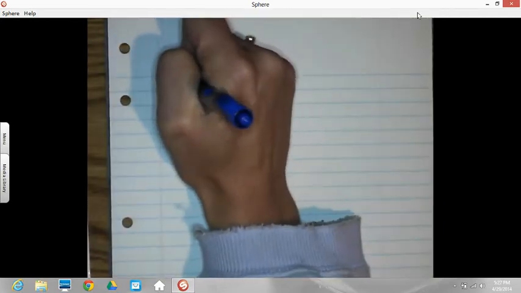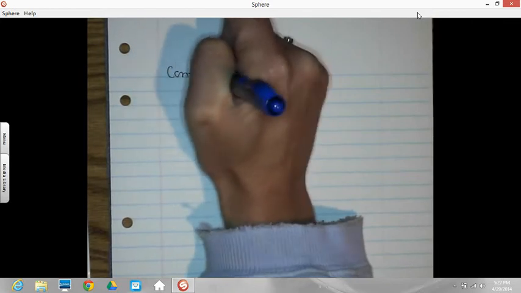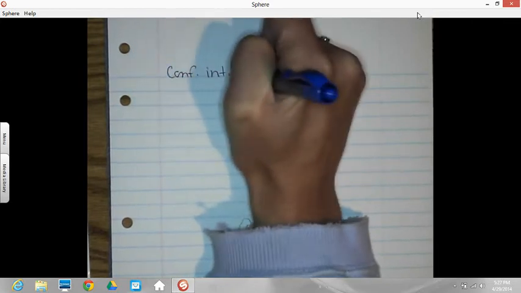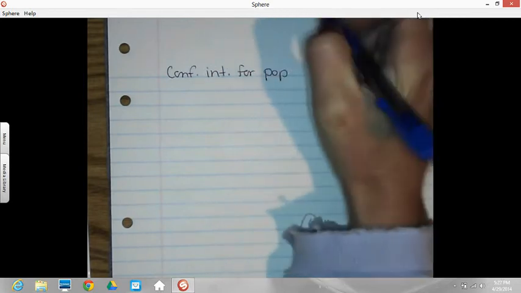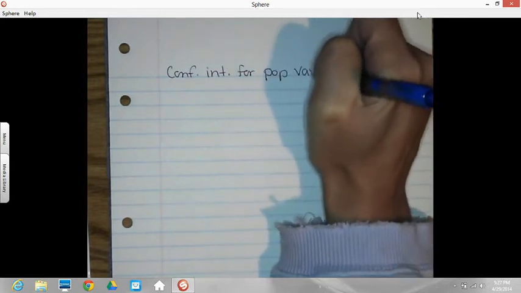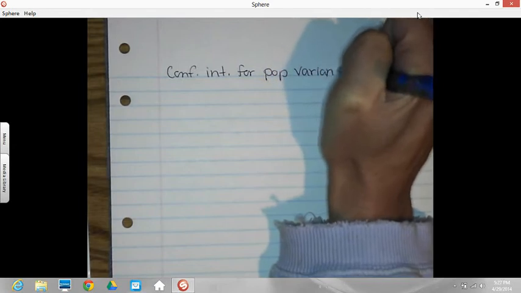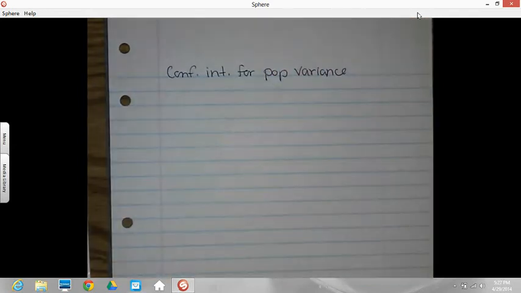All right, so the confidence interval for population variance. We'll go with variance first. It's just a little plug and chug formula here.